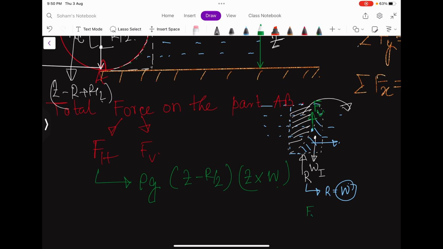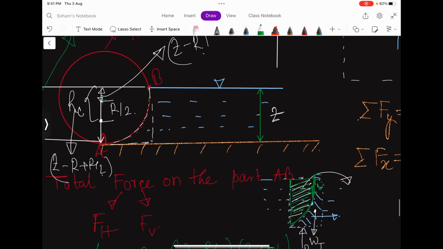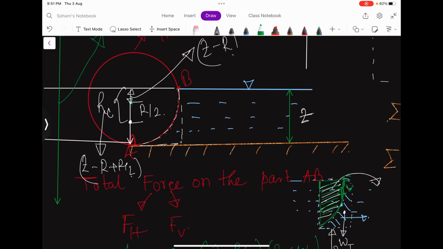Then this Fv is again equal to W1 minus R, that is W1 minus W, which is the weight of this much amount of fluid volume. That means in the diagram, the weight of this much amount of fluid volume.